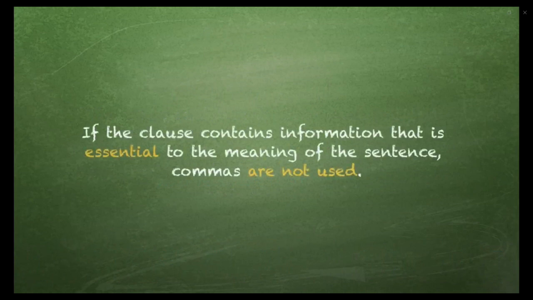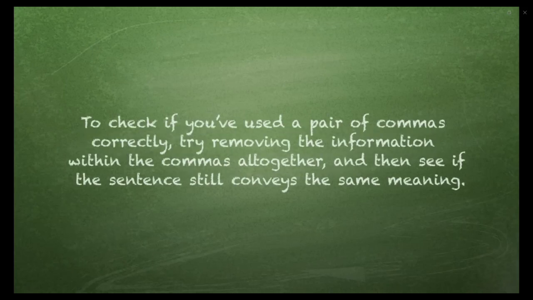If the clause contains information that is essential to the meaning of the sentence, commas are not used. To check if you've used a pair of commas correctly, try removing the information within the commas altogether, and then see if the sentence still conveys the same meaning.